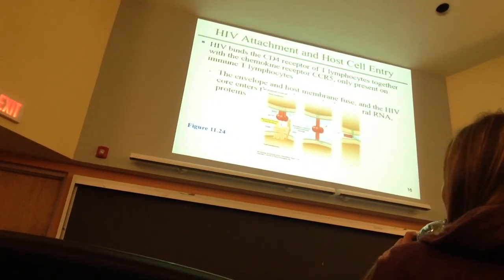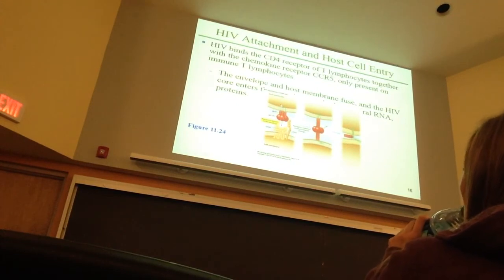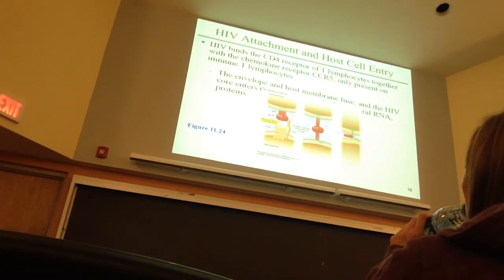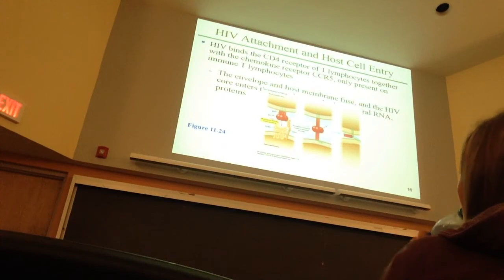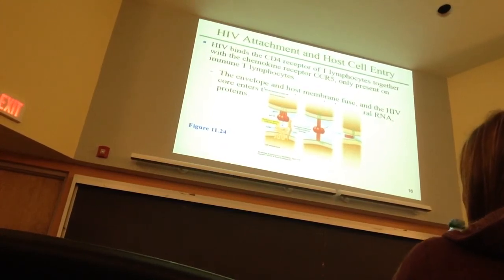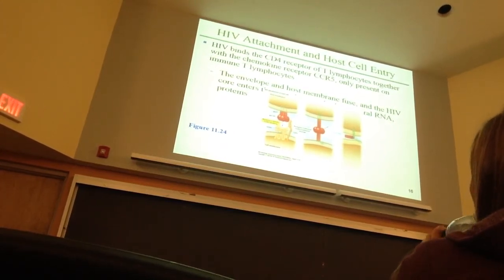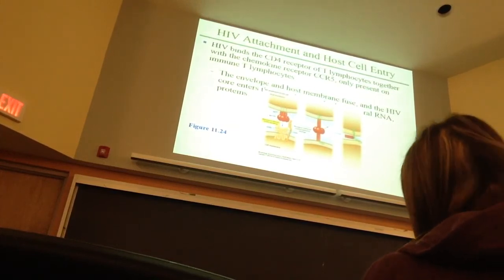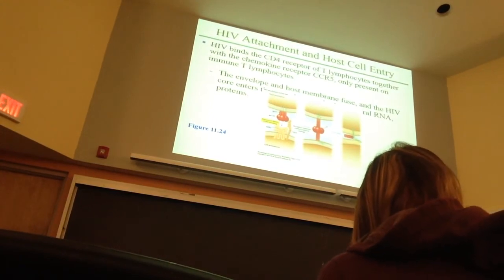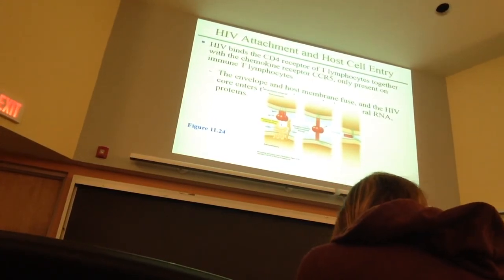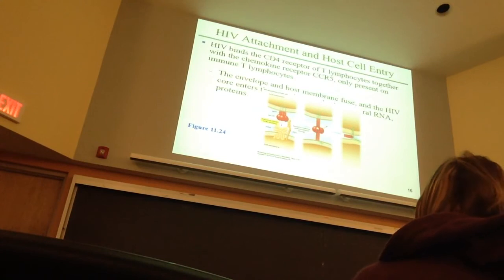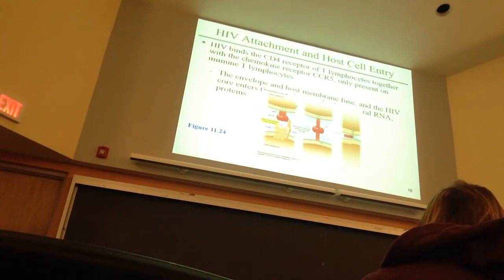Okay, so here's the glycoprotein on the HIV virus, and glycoprotein 120, GP120, is the subunit that binds this CCR5 CD4 co-receptor. It actually needs both receptors to lock in, and that then causes this transformation.